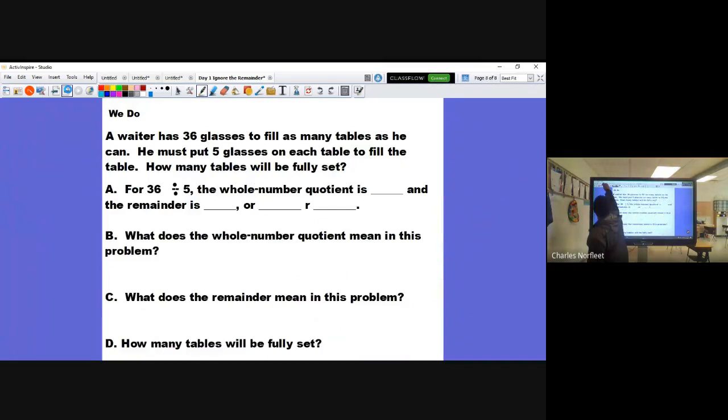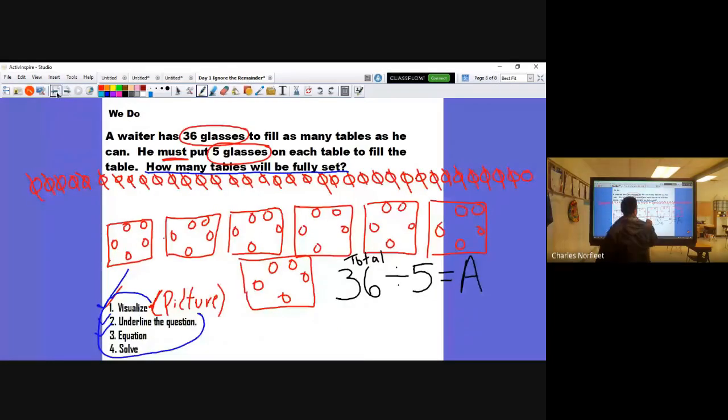And let's look at the relationship again. So our answer was 7, remainder 1. For some reason, Mr. Charles already told me that he can make 7 tables. I wonder how Charles knew that. Charles, how did you know it was 7 before we even solved the problem?